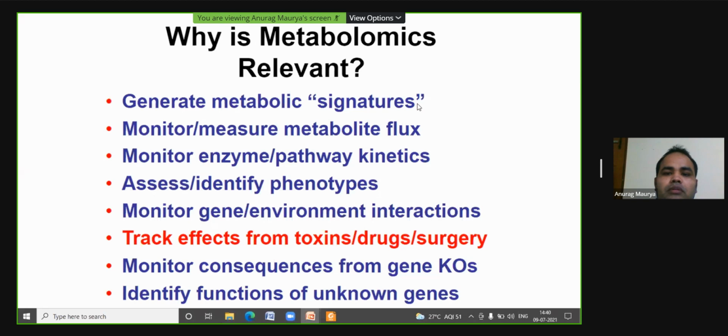So more metabolites, greater accuracy, and higher speed. All three aspects are involved in metabolomics. You can study more metabolites at a higher speed, meaning within less time you will be able to study many metabolites, and with greater accuracy than previously. Actually, because of these modern techniques and machines, traditional clinical chemistry has turned into metabolomics.